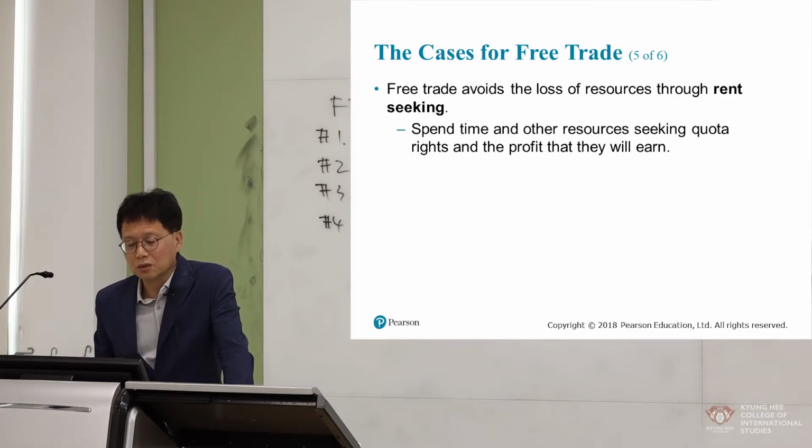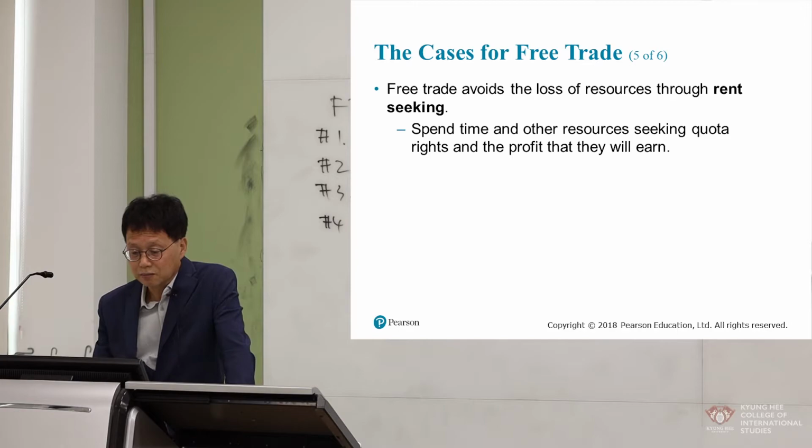Sometimes they bribe some public servant to keep some protection policy like this. So they spend time and other resources seeking quota rights and the profit that they will earn. That's rent-seeking behavior.